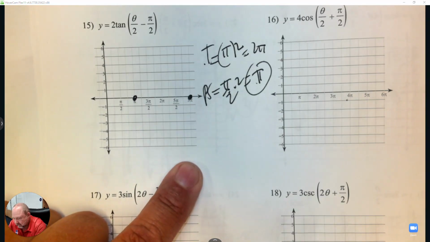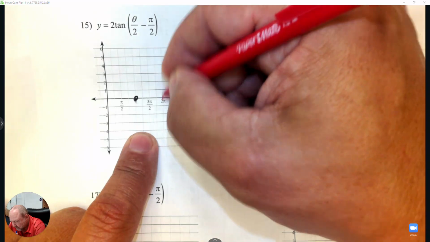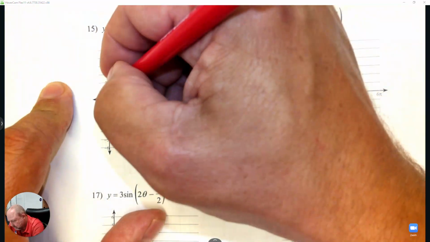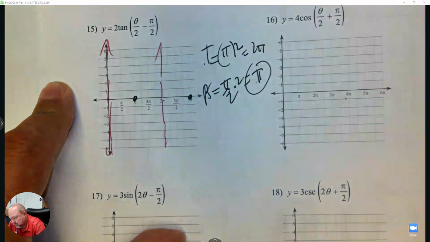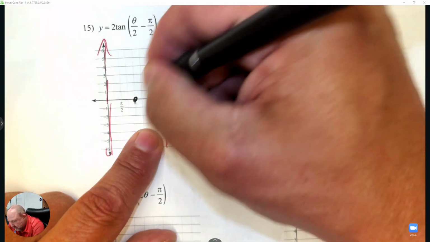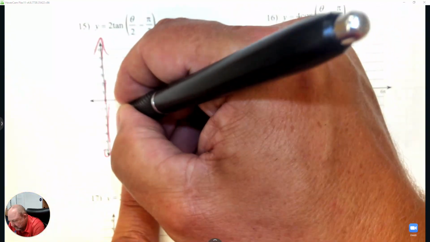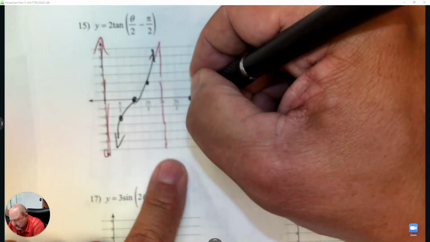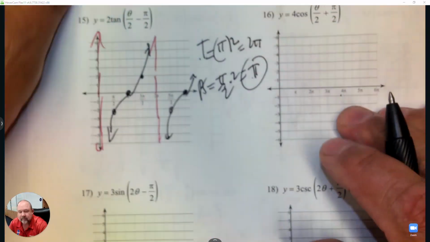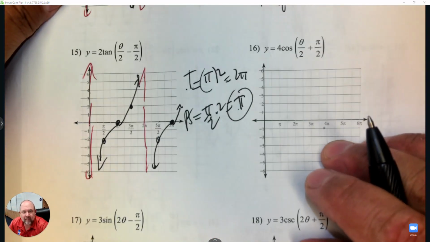And then exactly in the middle would be an asymptote. And again, the 2 in the middle will go to 2 and go to negative 2 and go to negative 2. There we go.